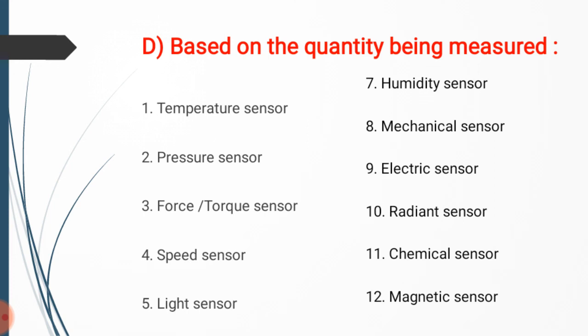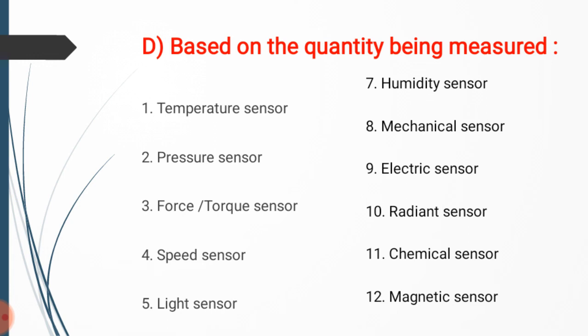Next is the magnetic sensor. Magnetic sensors are generally used in magnetism. The magnetic sensor is used to measure a change in a magnetic field or a change in magnetic flux. So if we want to measure the change in the magnetic field in a particular instrument, we use the magnetic sensor in that instrument.